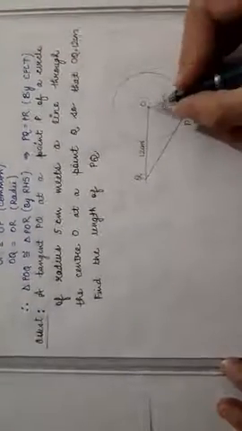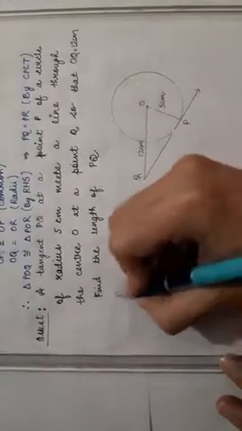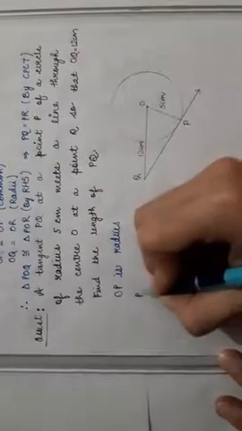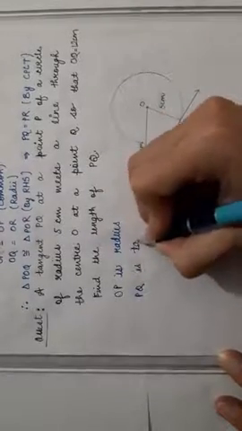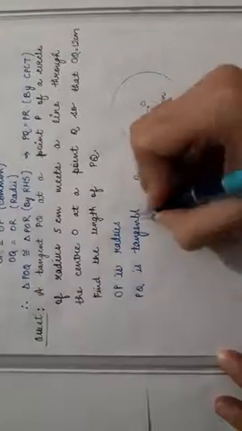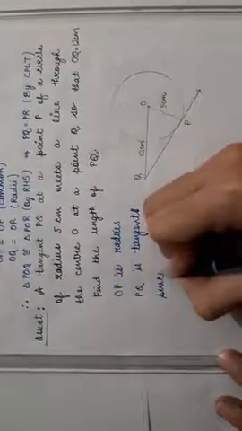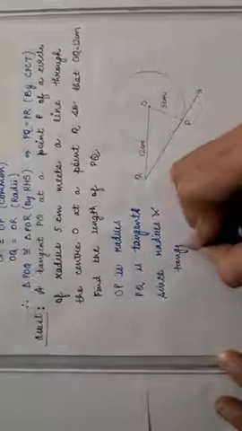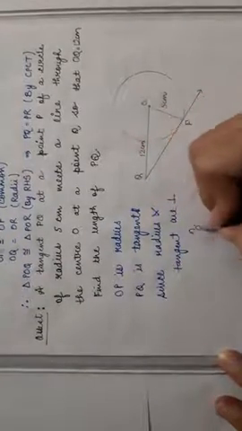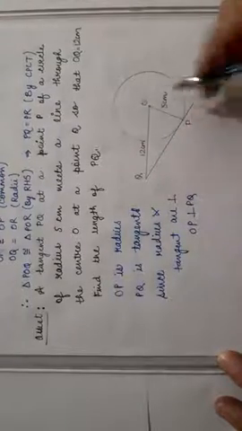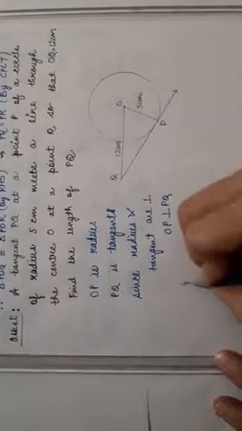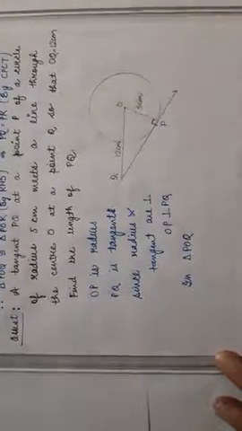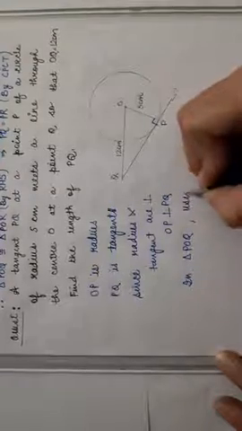If you see carefully, OP is radius and PQ is tangent. Since radius and tangent are perpendicular, so what do we get? OP is perpendicular to PQ. As OP is perpendicular to PQ, in triangle POQ, just because it is a right angle triangle now, we can always use Pythagoras theorem.